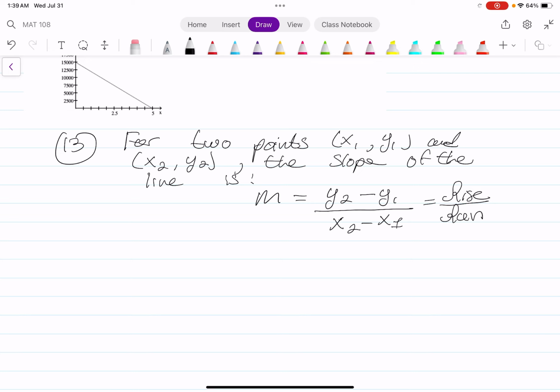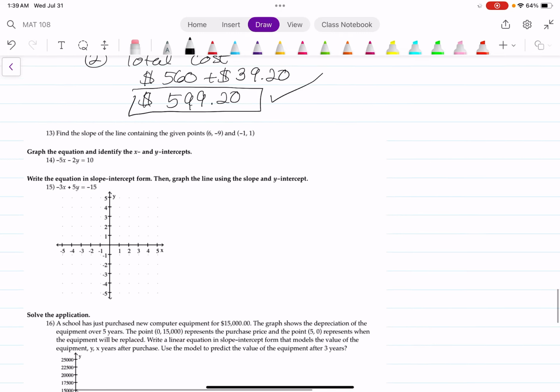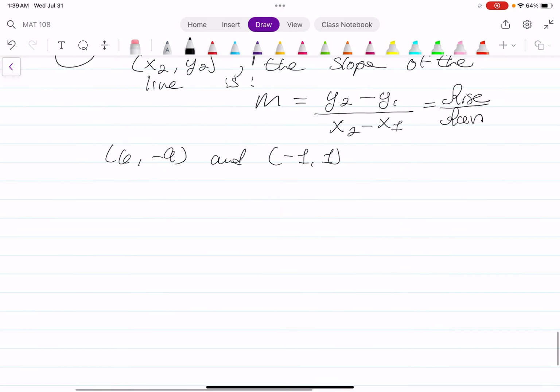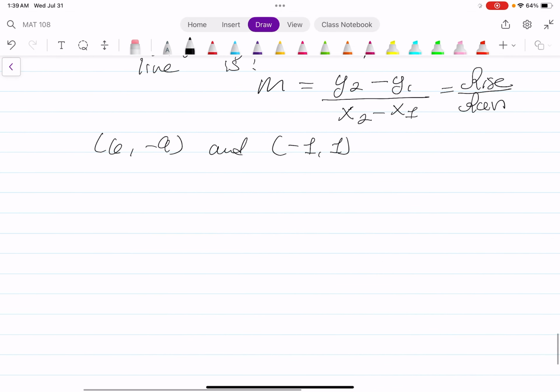So our coordinates are 6 comma negative 9 and negative 1 comma positive 1. Double check. That is correct. And now we're going to label each of our coordinates. So that's x1 for positive 6, y1 for negative 9, x2 for negative 1, y2 for positive 1.